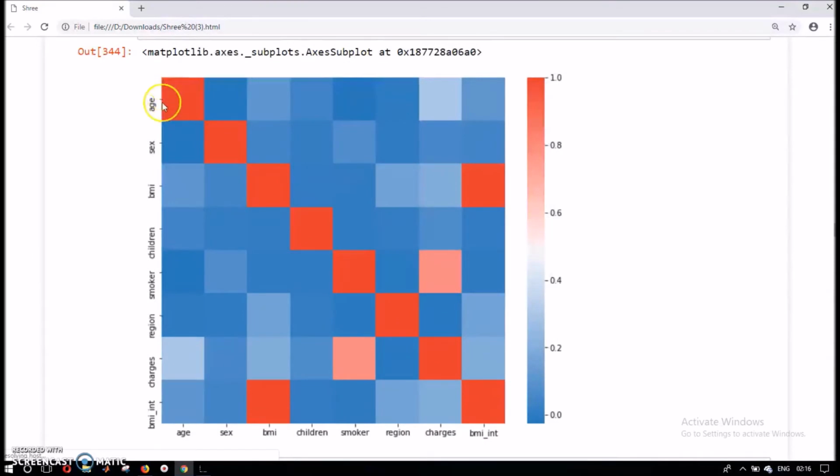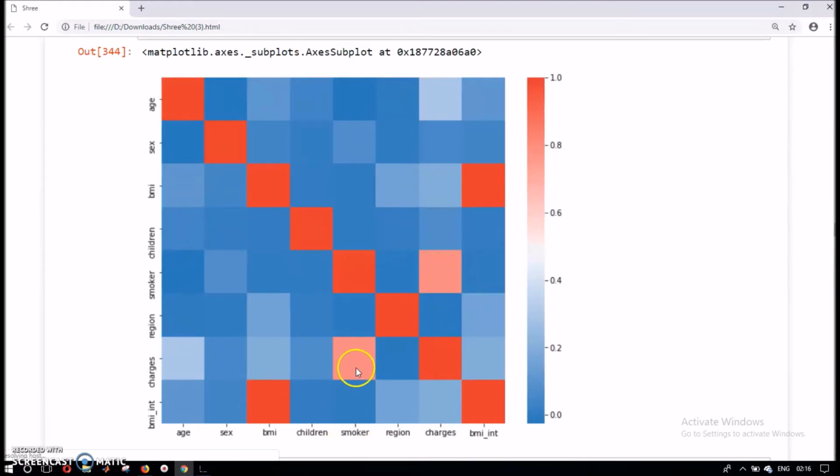This is a heat map of the same correlation coefficients. The center line corresponds to absolute ones and it is the correlation of that attribute with itself. So yes, it will always be 1. Now these two red dots correspond to BMI, and BMI is integer values, so it is also not important.